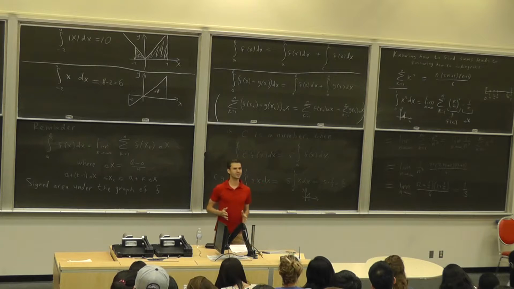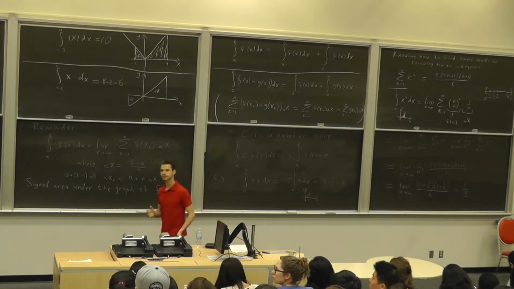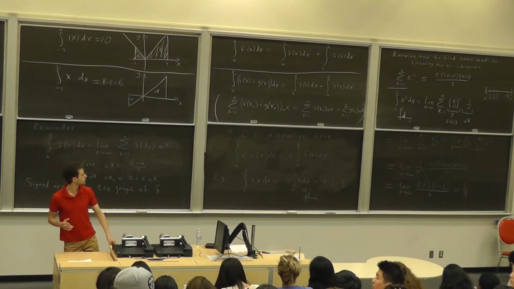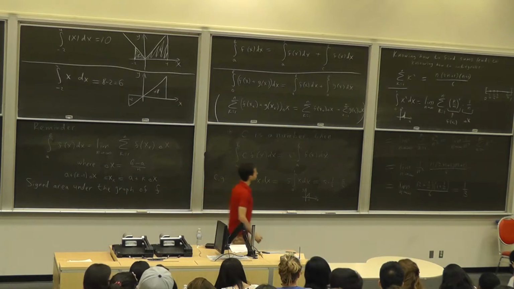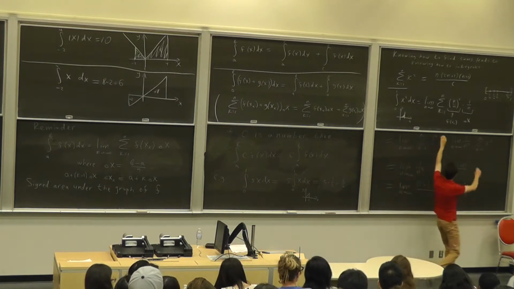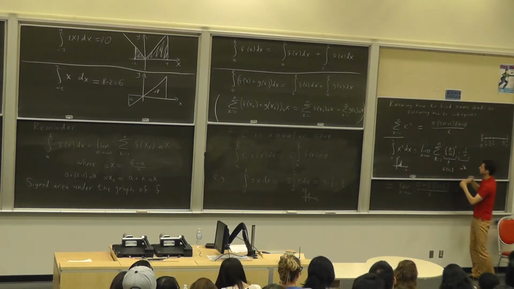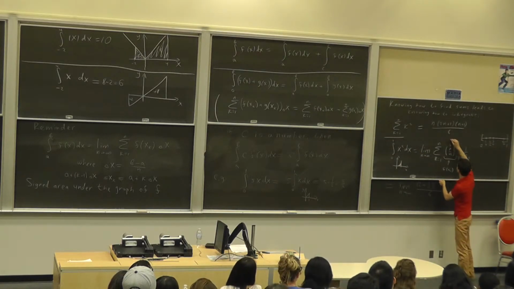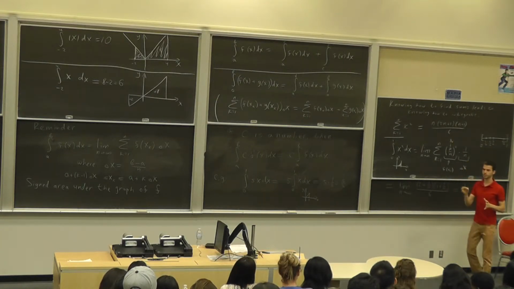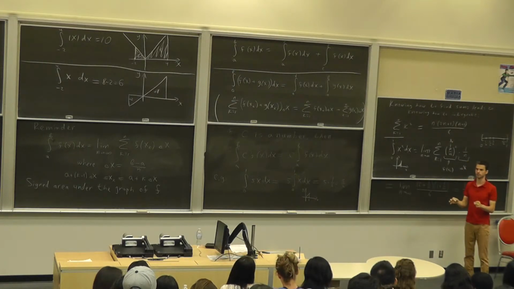So let's now talk about k over n, without the square. k over n is this x_k. It's the right endpoint of the kth subinterval.